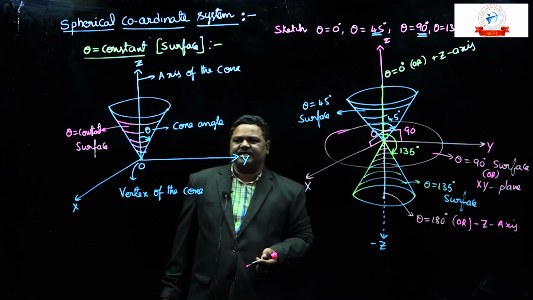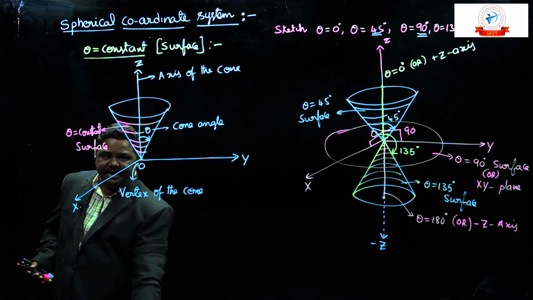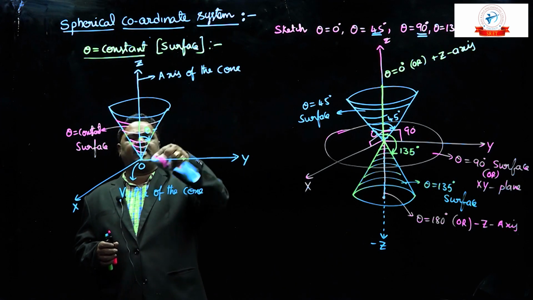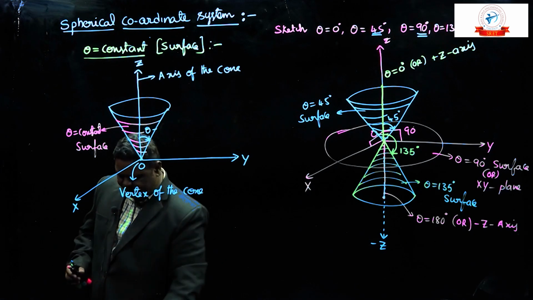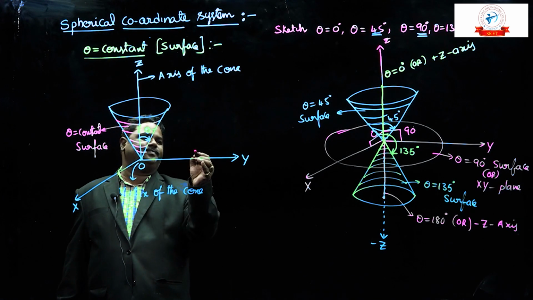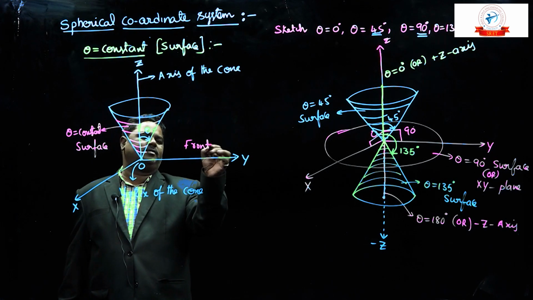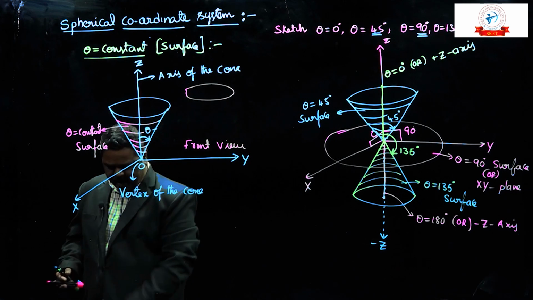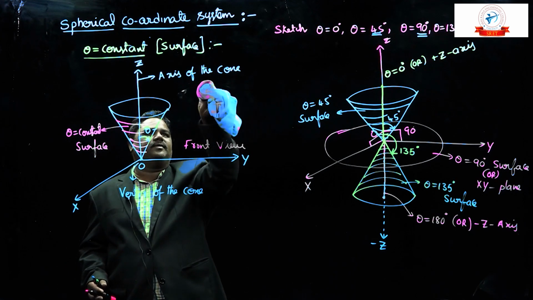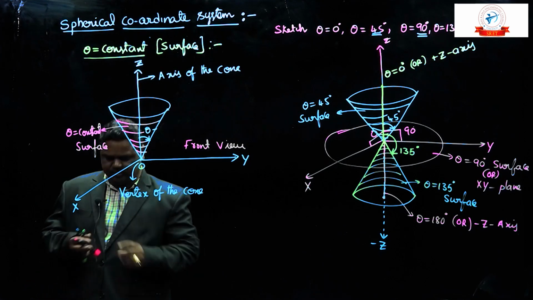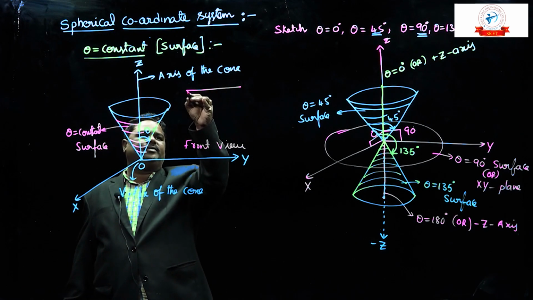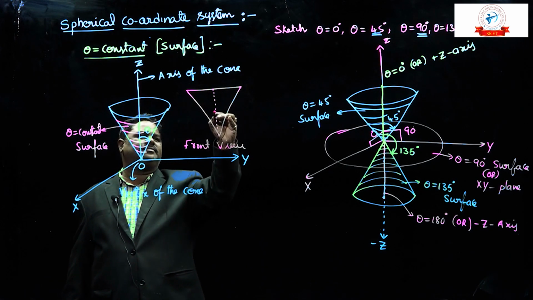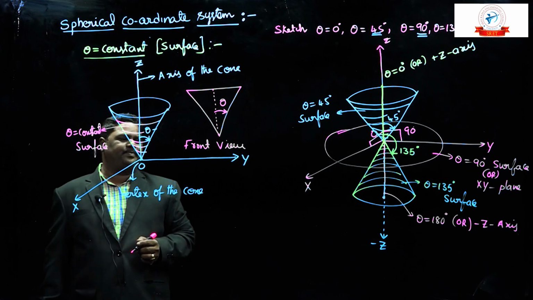Now observe this one. Here we have a cone. What is the front view of any cone? When you see this cone surface from the front, in the front view the cone looks like a triangle, and you can see the cone axis and the cone angle, which is theta.